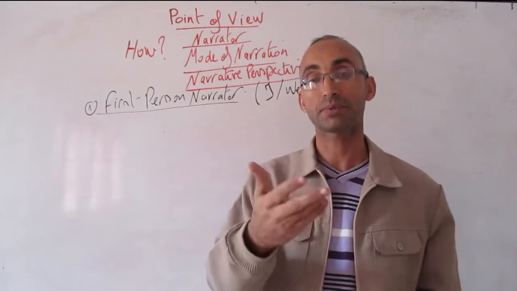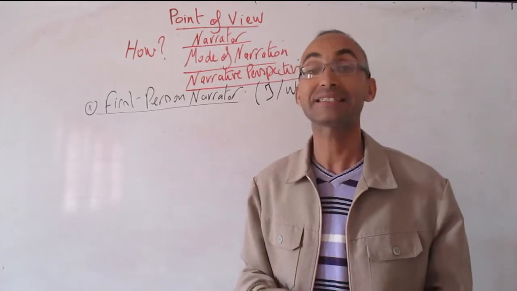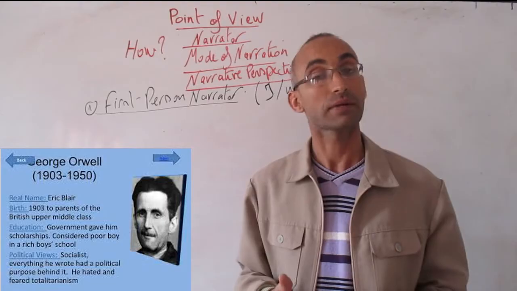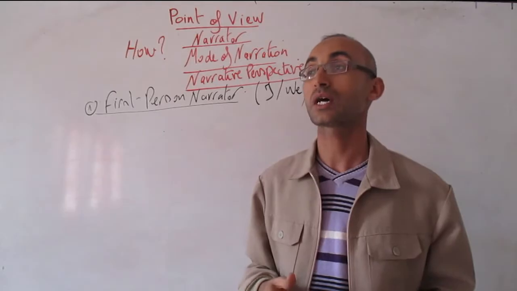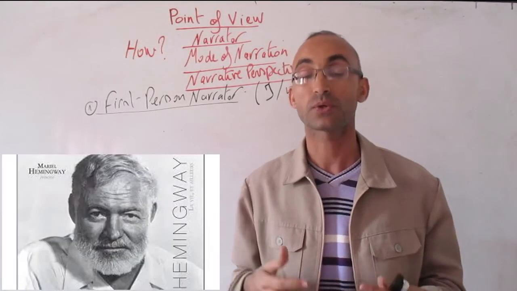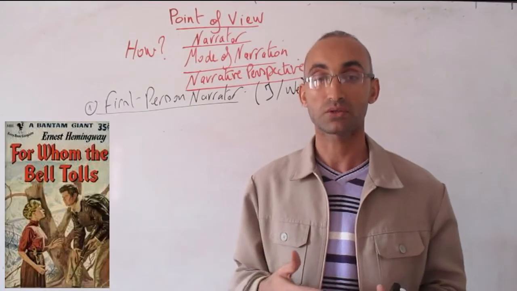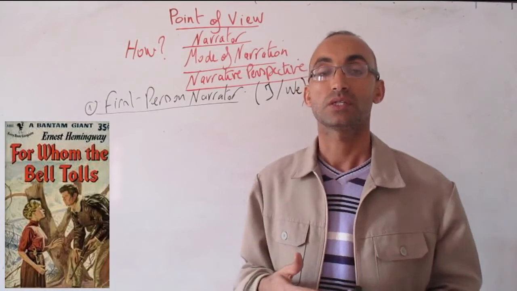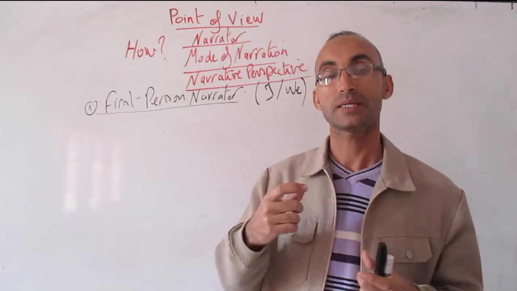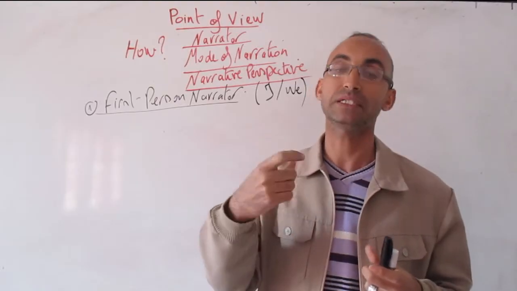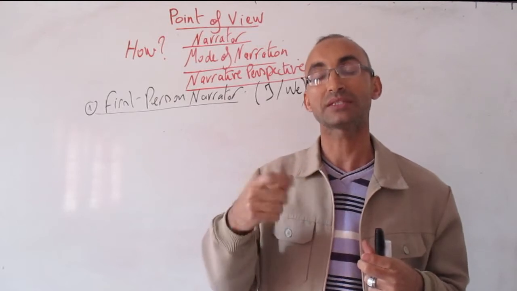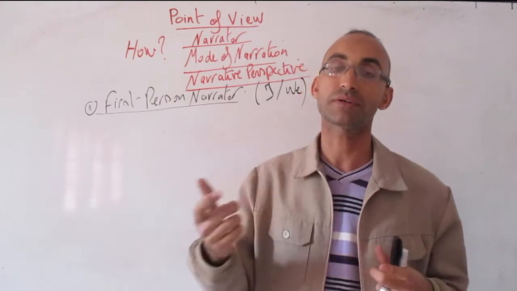We can mention here the example of 1984 by George Orwell, and also the masterpiece of Ernest Hemingway, For Whom the Bell Tolls. In these two, we find the use of a character which is referred to by he or she, and we are limited to its range of knowledge and its scope through the use of he or she.